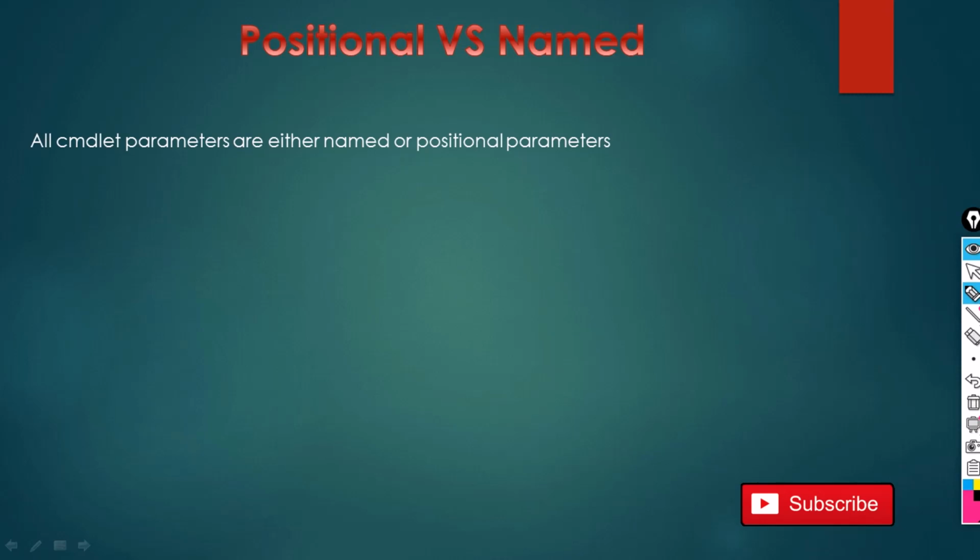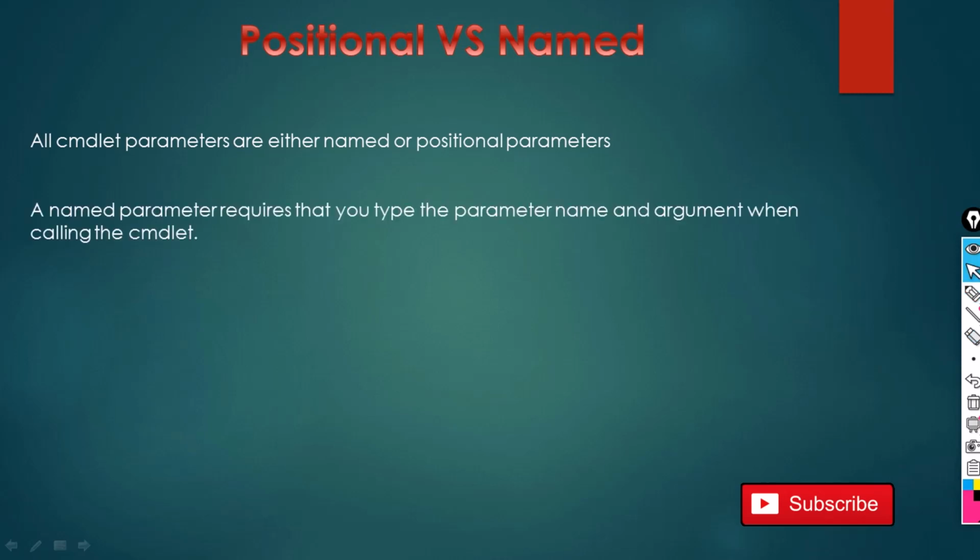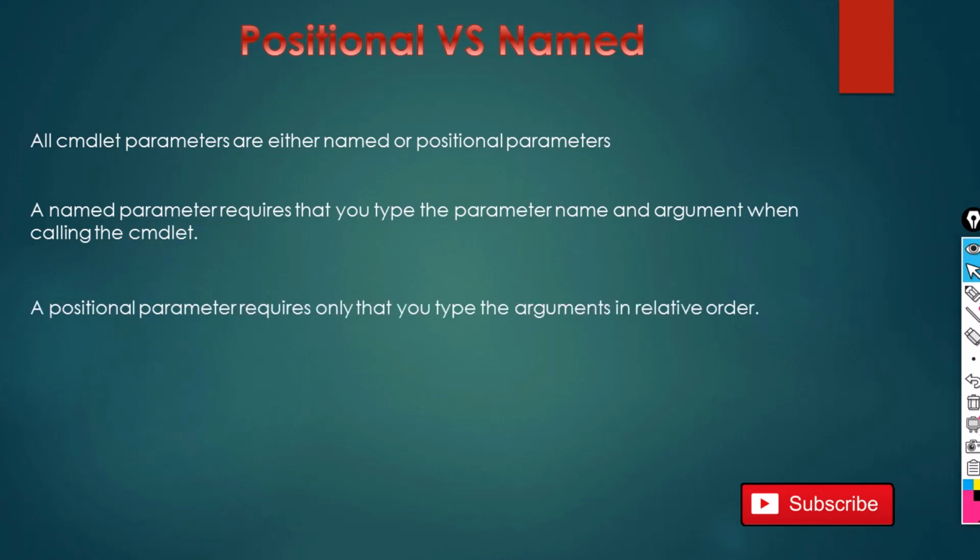All cmdlet parameters are either named or positional. So we understand what a named parameter is, which means I am specifying the complete parameter name. Now understand what a positional parameter is all about. A named parameter requires that you type the parameter name and argument when calling the cmdlet.